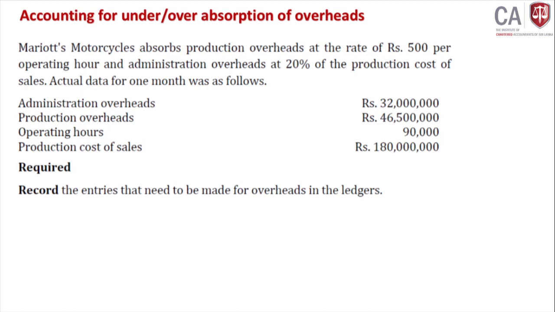Under absorption costing there can be over absorption and under absorption because you absorb fixed production overhead cost. Absorption is applicable for fixed production overhead cost. You absorb fixed production overhead cost based on cost drivers.